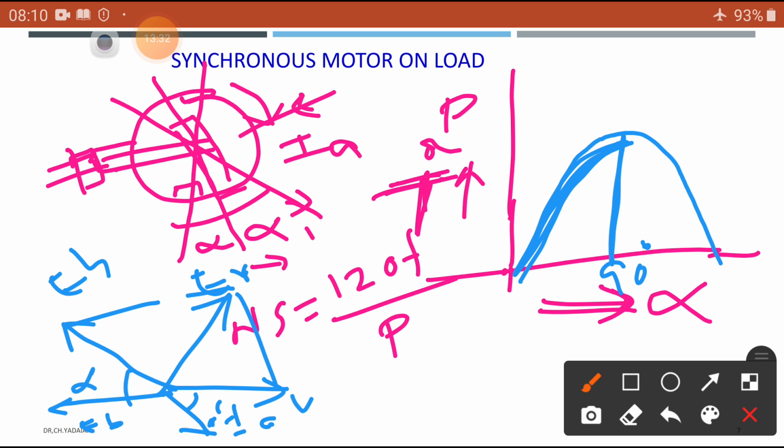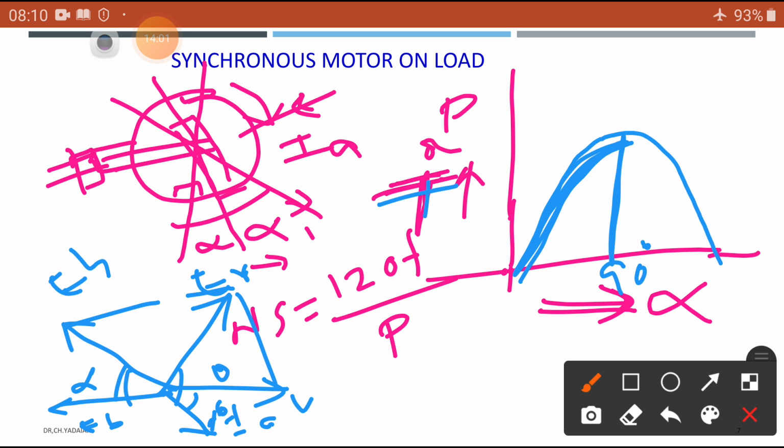Here is phi, this is theta, this is alpha. You have seen the vector diagram. So in either case you can observe that if load increases, alpha increases, then correspondingly current increases to meet the load on the motor, and torque increases.